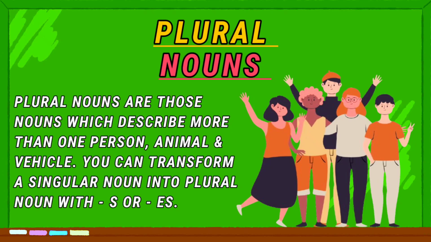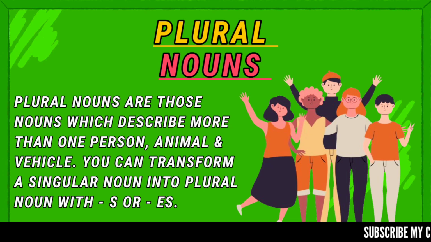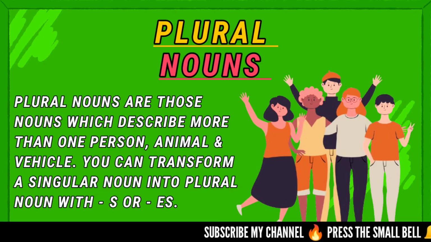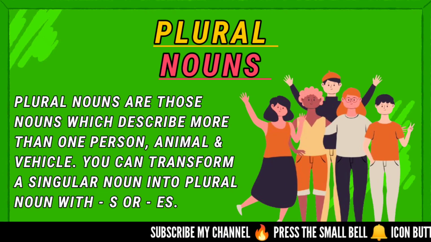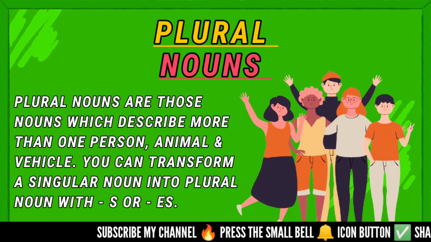In our previous discussion, we have seen that singular nouns give you an example of a specific and single object, but plural nouns give you an example of multiple objects. But you can transform a singular noun into plural noun by adding s or es at the end of that specific word. And when you add it, you can change the word from singular to plural noun.